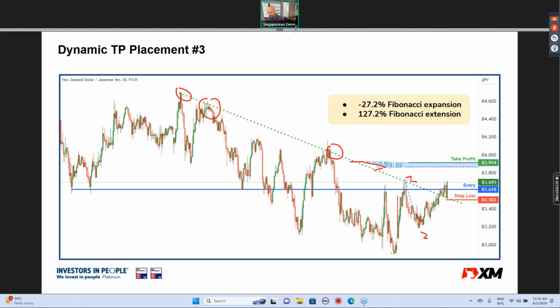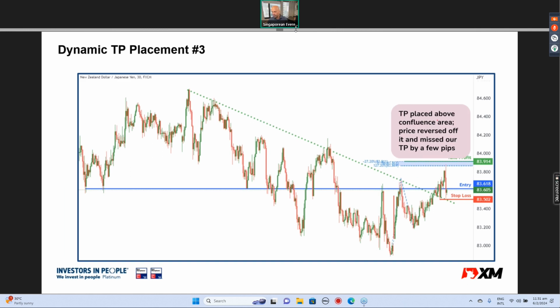And then Fibonacci expansion is from here, 0.0 to 0.1. So we're looking at the negative 37.2% Fibonacci expansion. So these two Fibonacci levels have helped us to identify a potential resistance area. And because of that, we should ideally place a take profit slightly below this confluence area.